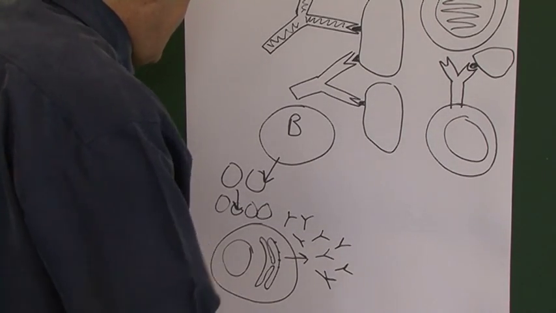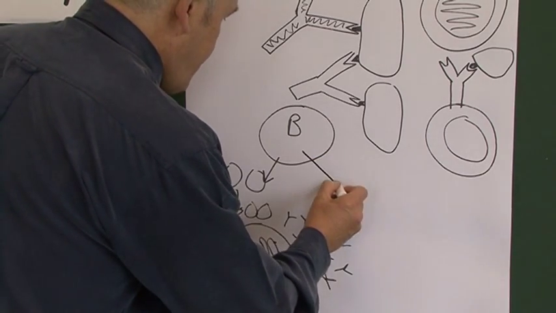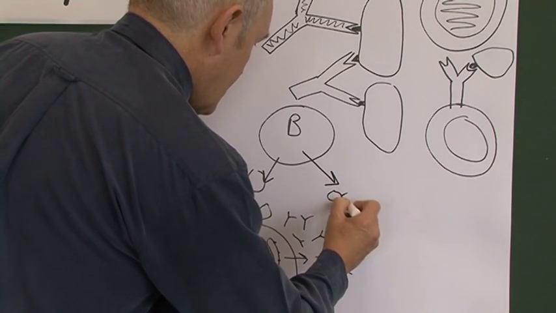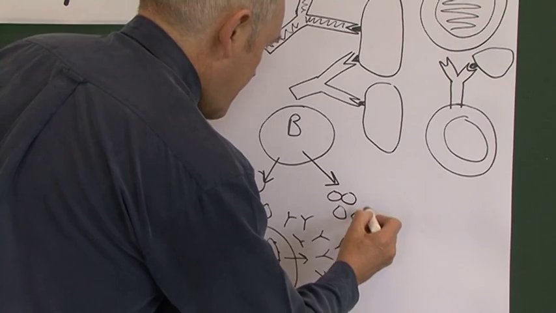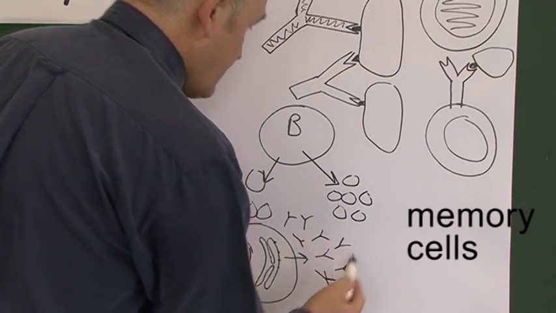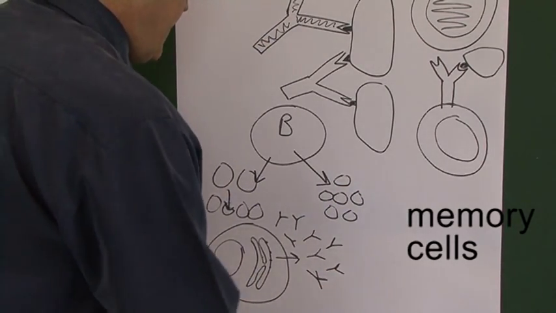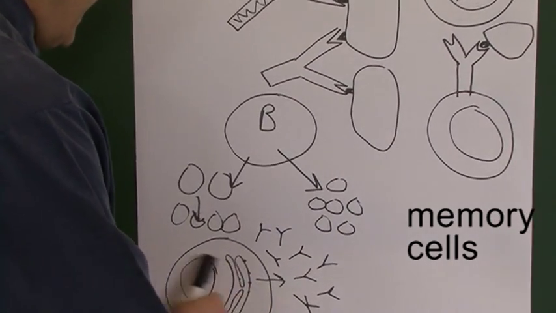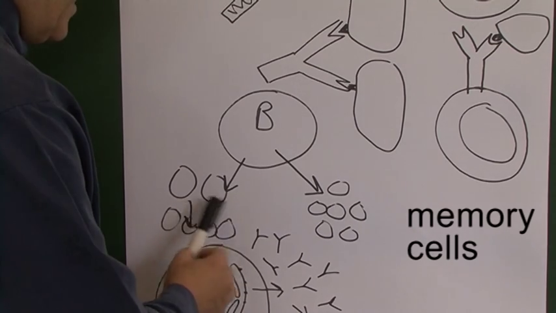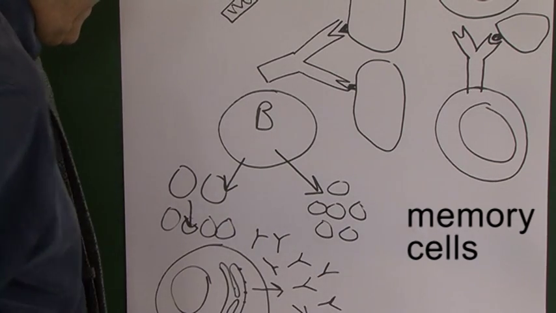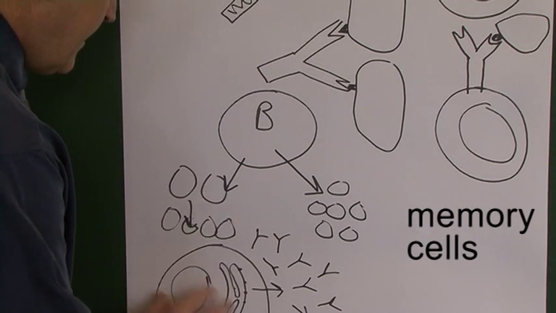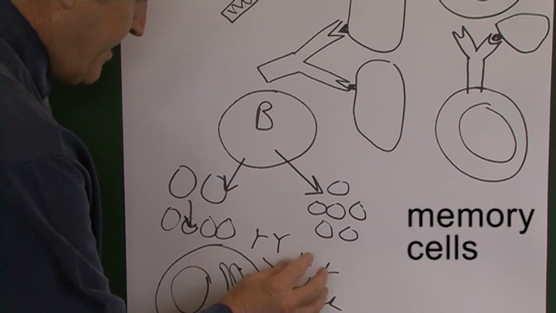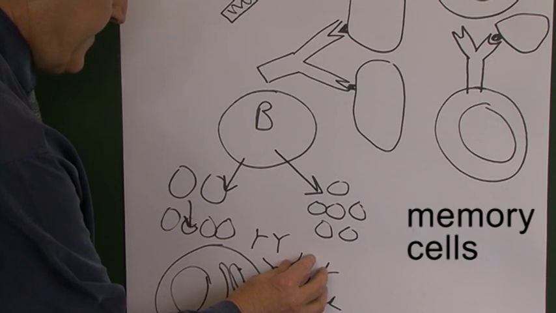And as well as that, the B cell differentiates into another population of cells, and these are called memory cells. They're also clones. You won't get as many of these made, maybe a few thousand. So you might get many millions or billions of plasma cells made, and a few thousand memory cells. The plasma cells get rid of the infection by producing the antibodies.